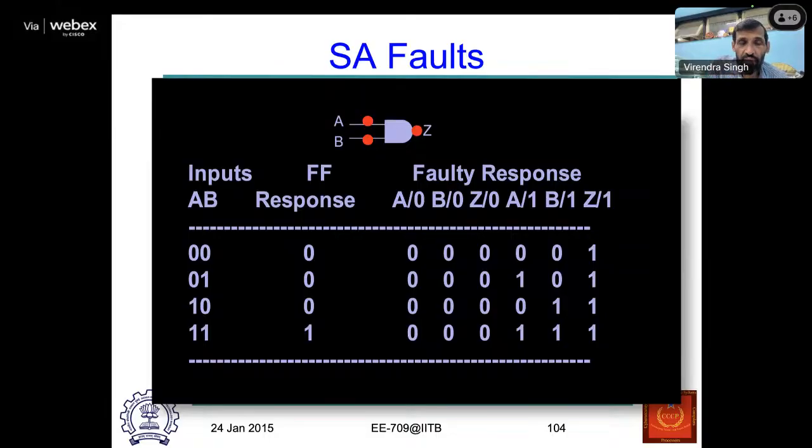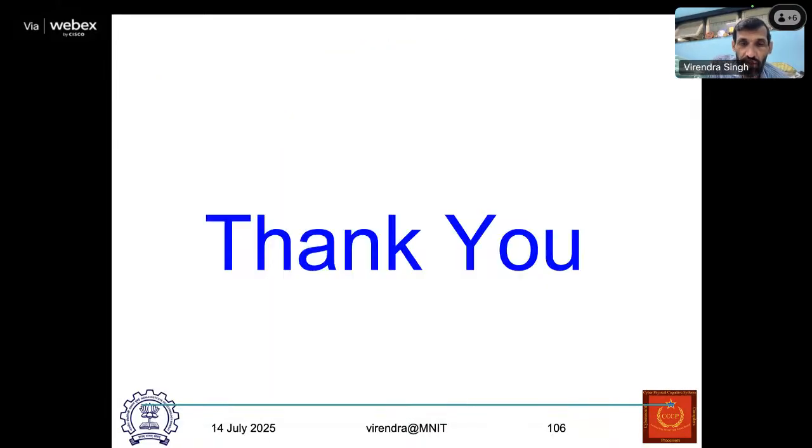So the problem is to find the minimum number of test vectors that can cover all possible modeled faults. And here the modeled faults are the stuck at faults. Stuck at faults are faults which can occur at a net and manifest as stuck at 0 or stuck at 1.